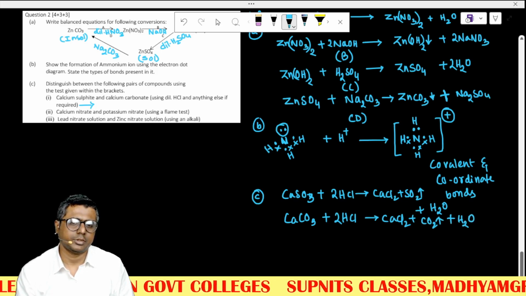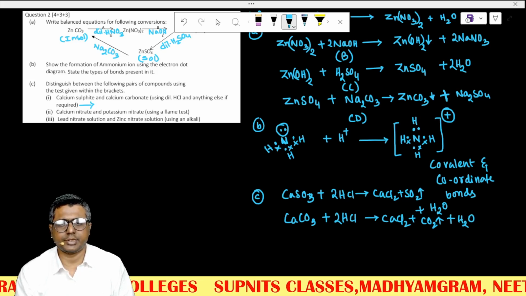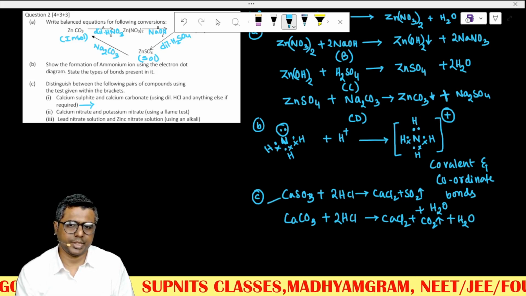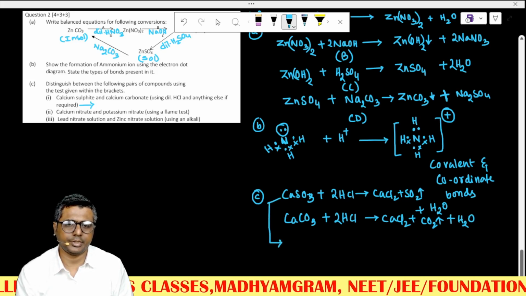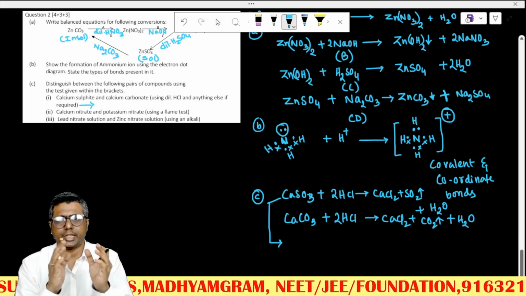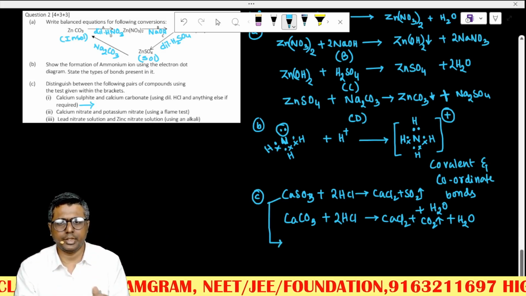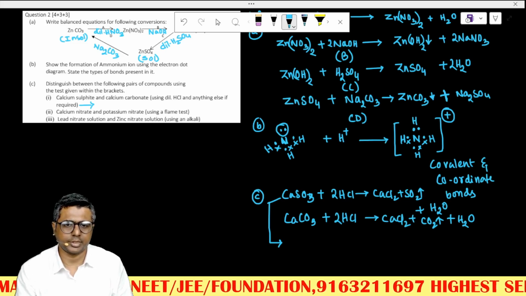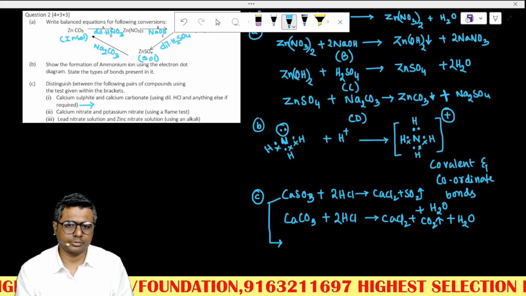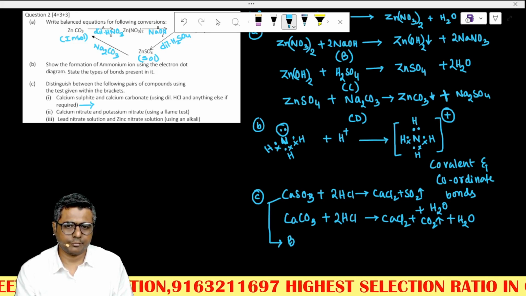So in this case, in the first case, you need to write. In the calcium sulfide case you need to write, so you make two columns like this, calcium sulfide and calcium carbonate, and then it will be easy to write. So in the calcium sulfide case you have to write brisk effervescence.